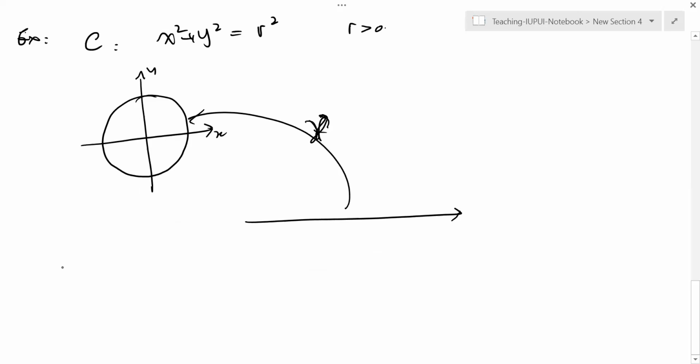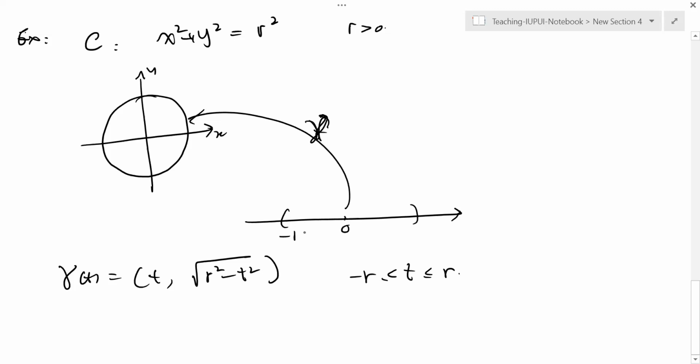Okay, my first one, gamma of t is going to be t and the square root of r squared minus t squared. Okay, t is going to be from negative r to positive r, right? Here 0, negative r, positive r, right?